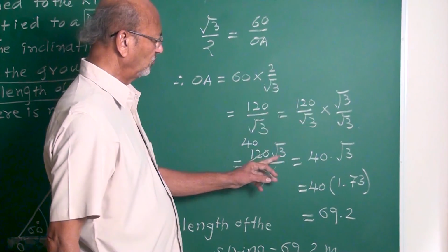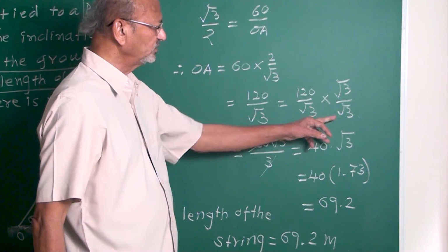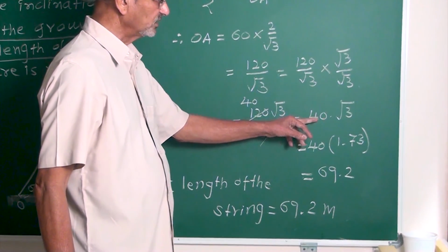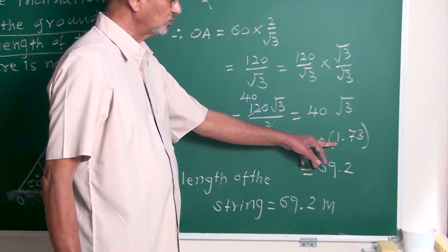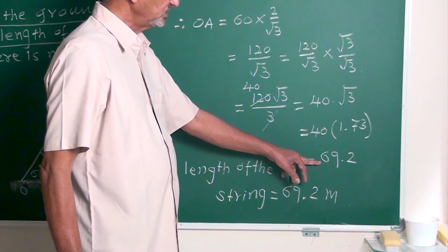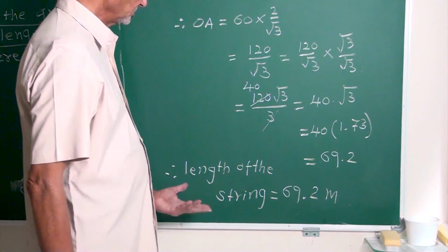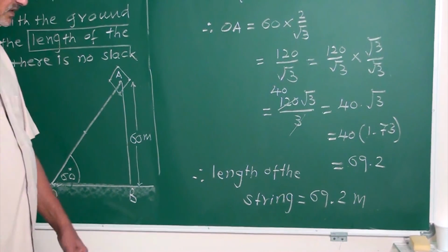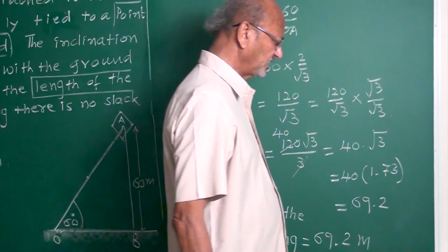Multiplying and dividing by root 3, cancellation, we get 40 root 3. Substituting the value of root 3 and simplifying, you get 69.2 meters. That is the length of the string, my friends.